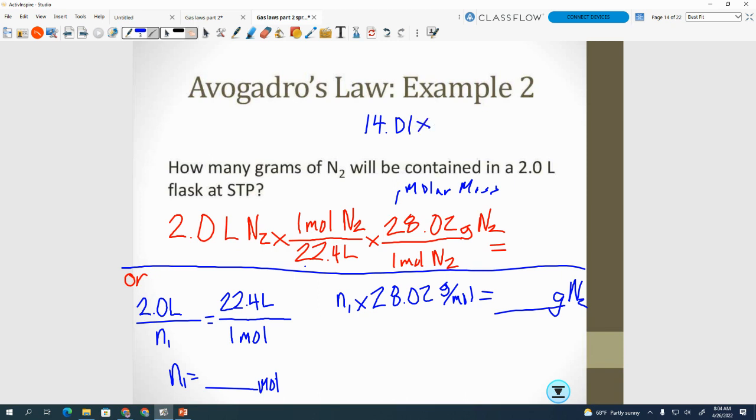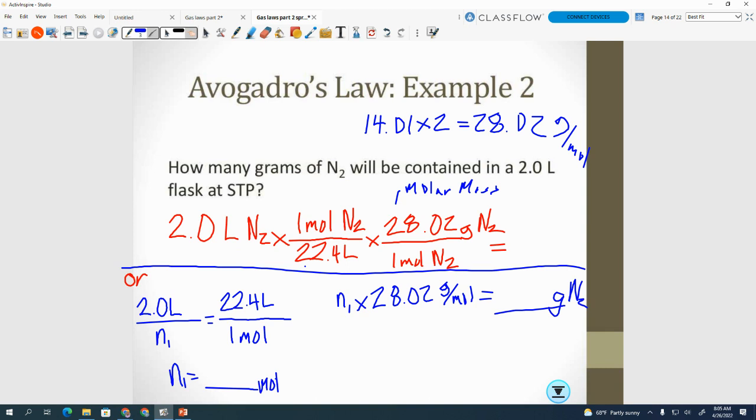So all right, the molar mass of an N2 molecule is 28.02. Notice I use it, both of them, and we get there.